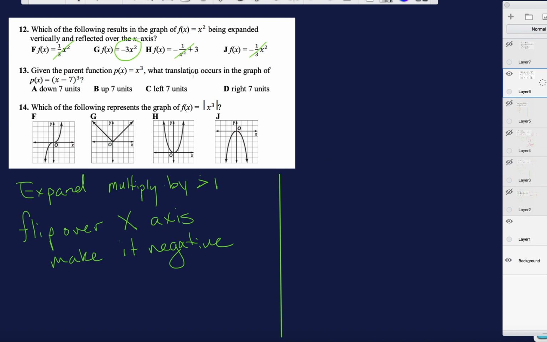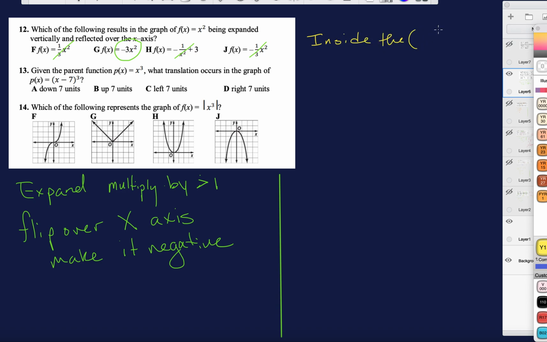So there it is. So 13, parent function is this. Remember, oh my gosh, we went over this in class. Here we go. And I'm just going to give you the rules. Look, if it's inside the parentheses, if we're adding 7, we move left 7.